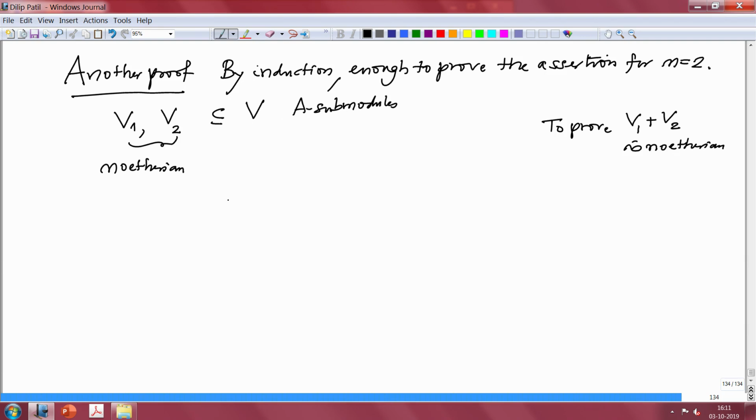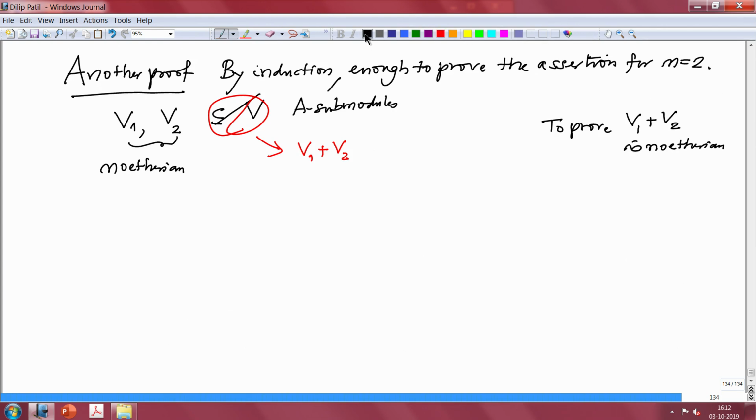All right. So V1 is Noetherian. Another simplification I can do is I can forget this bigger module V and replace it by V1 plus V2, because I only want to prove this module is Noetherian.